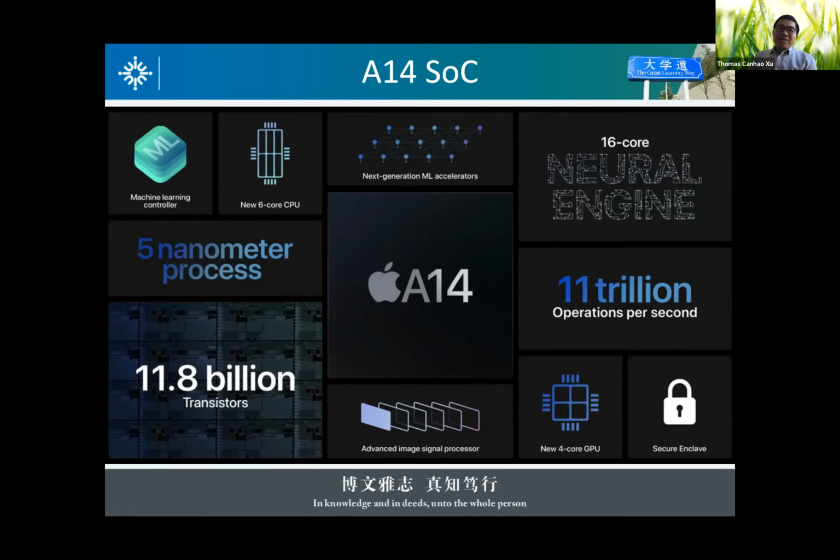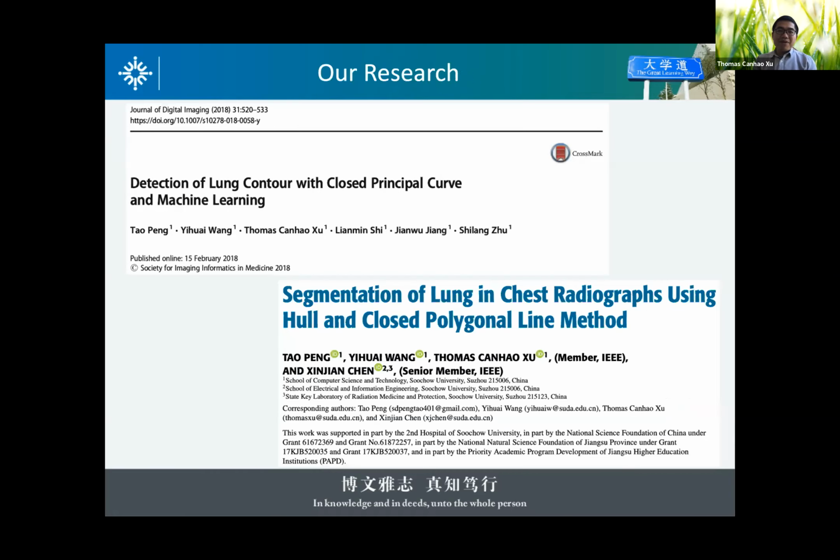So you can see that nowadays, if you want to make a product, make it really happen, make something concrete, then you will need hardware support for the algorithm. That's what we did in recent years. For example, we have several publications in recent years.